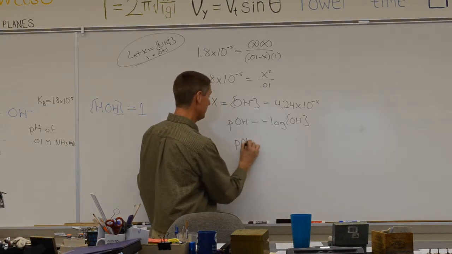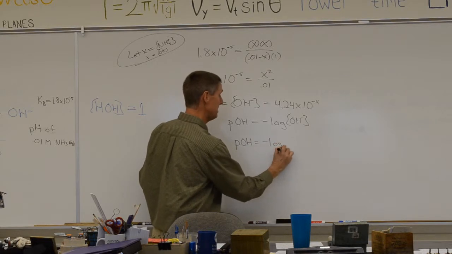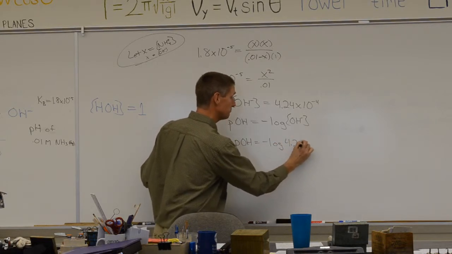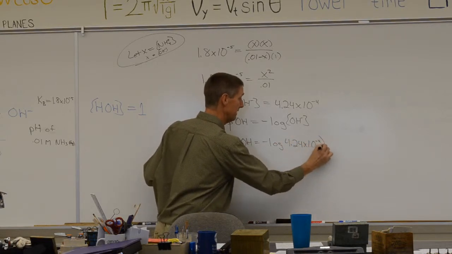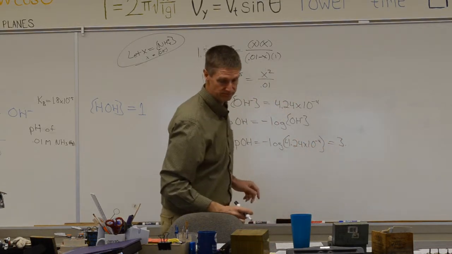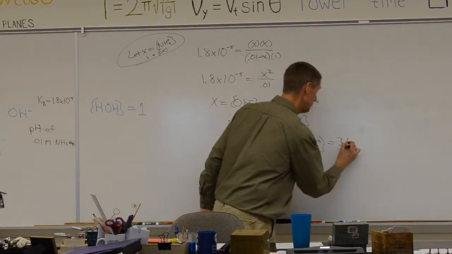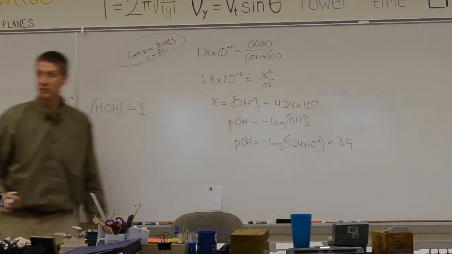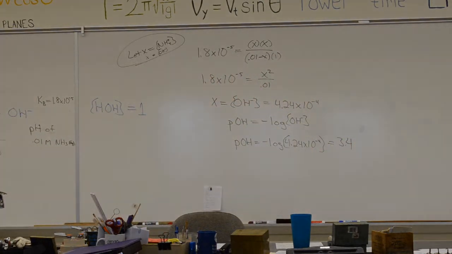So I'm going to calculate the pOH, and that value will turn out to be 3.4. Is that the answer to the question? No, it's not. Because you see, the question says, what's the pH?